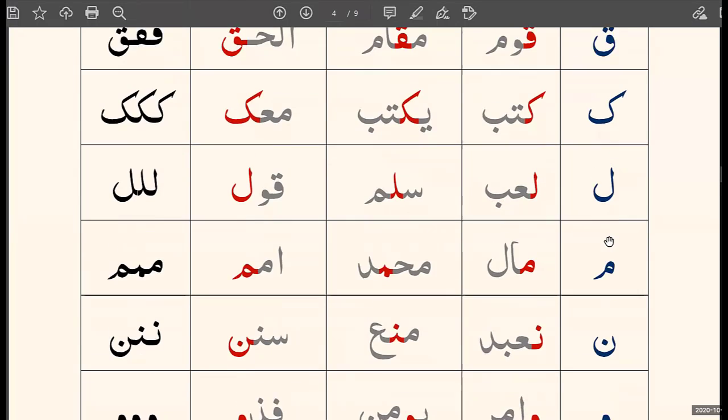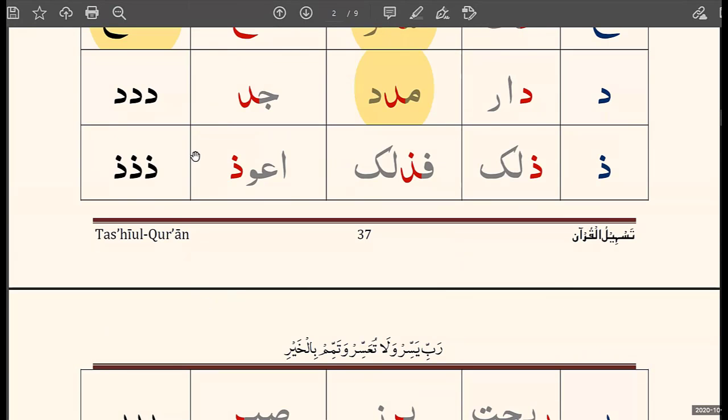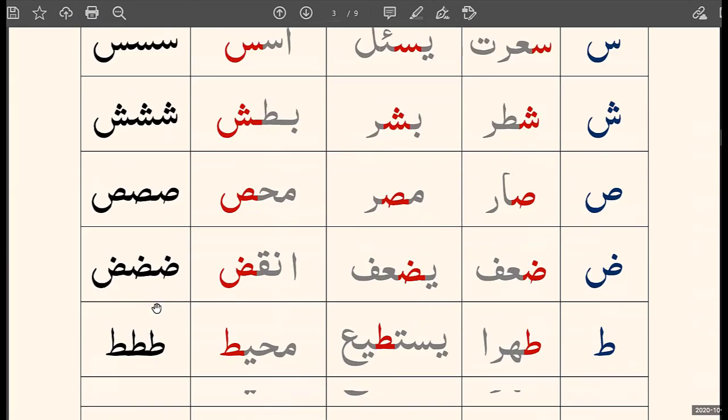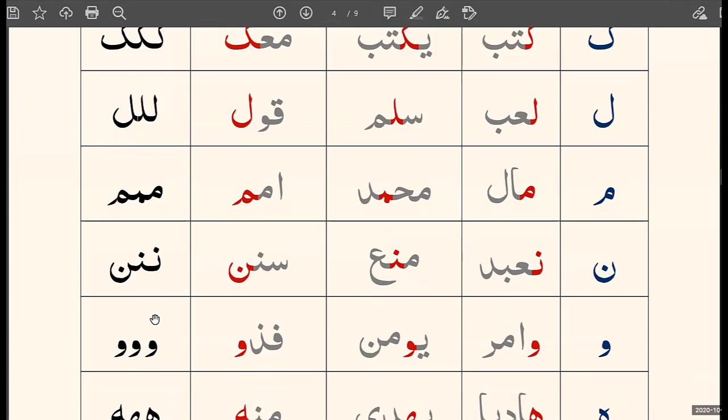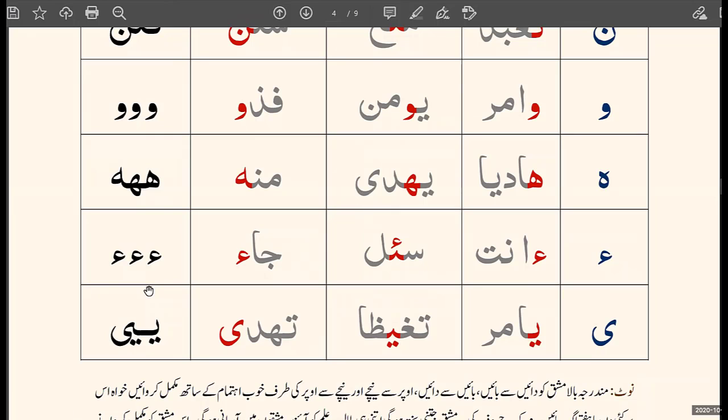Seven. Yes, 7. First one alif, dal 2, zal 3, ra 4, za 5, and then we have waw 6, and hamza 7. So 7 letters.